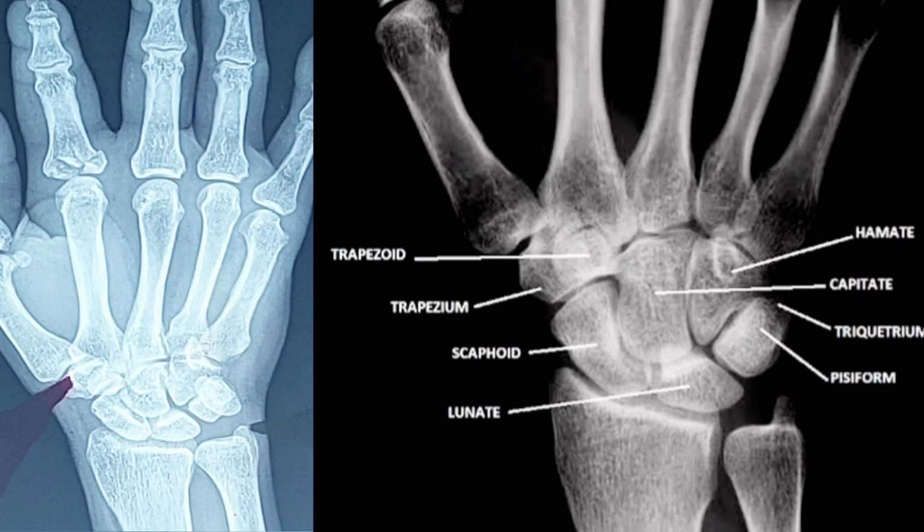And if you are asked, what is the chronological order of the appearance of these carpal bones, you will start with the capitate.